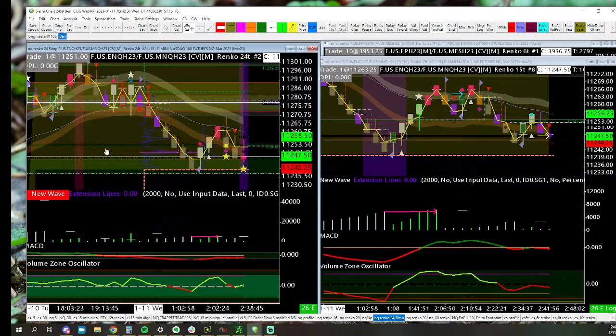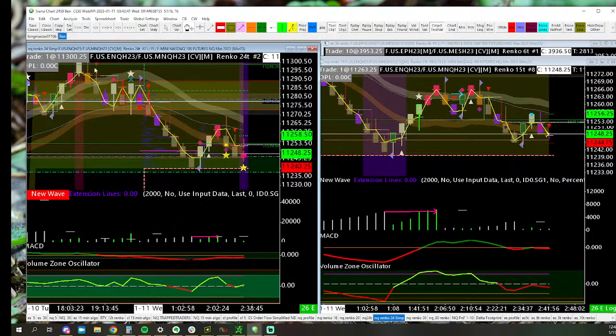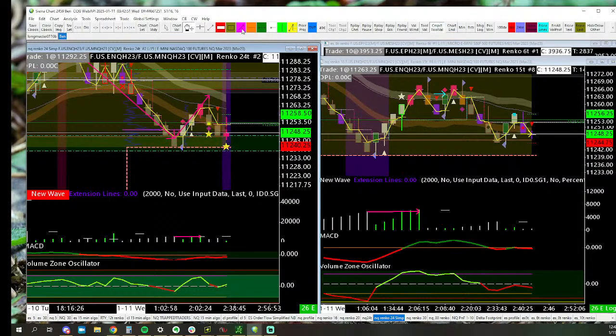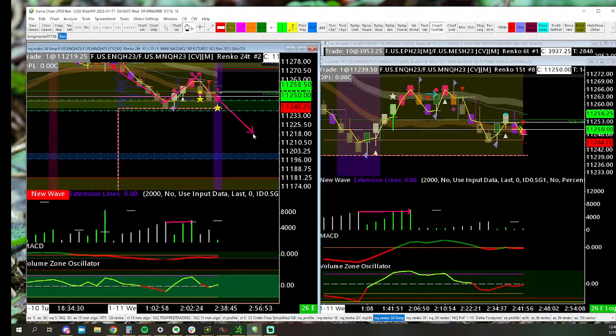So if this is the start, on this tiny little time frame, of an impulse move down, the natural thing to do is to refuel and then push a bigger wave lower, with more volume. That would be natural. And it would suggest that we're going to go all the way down to 11,200, if not lower, if we do it.